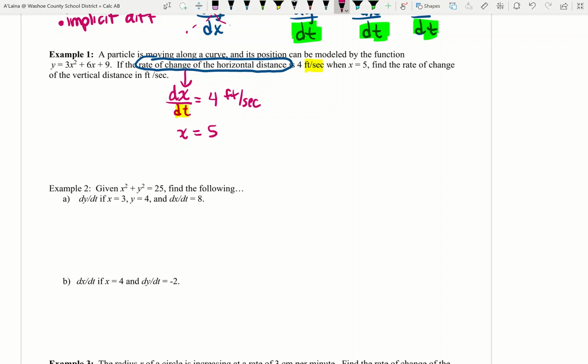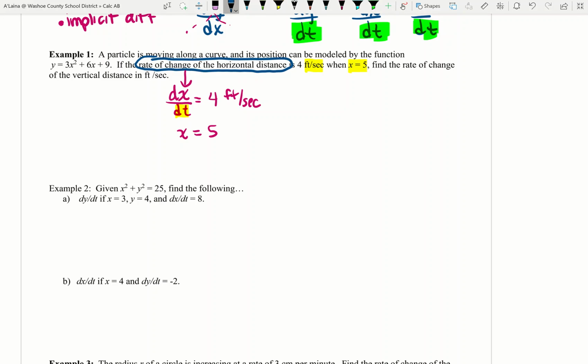X could have a different rate of change at any different moment. So we need to know this specific moment that we are finding the rate of change, or we are given this rate of change of. And remember, this matches what we know about derivatives, because derivatives are rates of change or slope at an instant instead of over an interval.